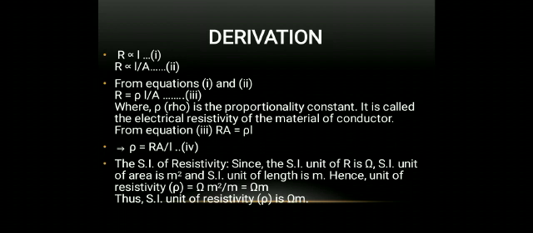So rho is equal to R, that is resistance, into area divided by length of the conductor. The SI unit of electrical resistivity is hence ohm meter.